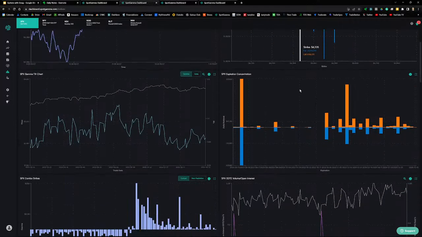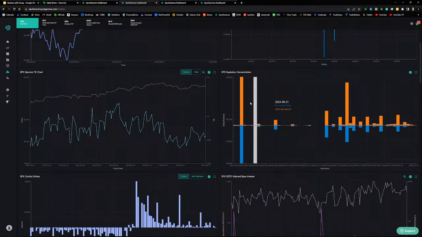If you have access to SpotGamma, this is delta notional for SPX. I'm not sure what this total number is, but call is 330 compared to 258. Positive 330, negative 258. So you can do the math there.